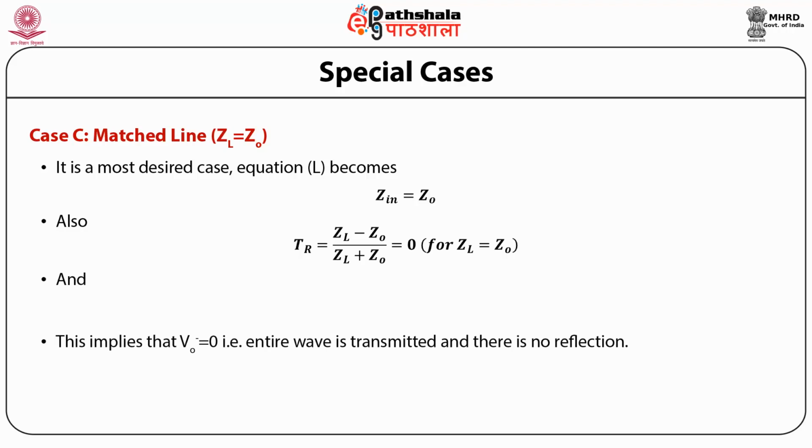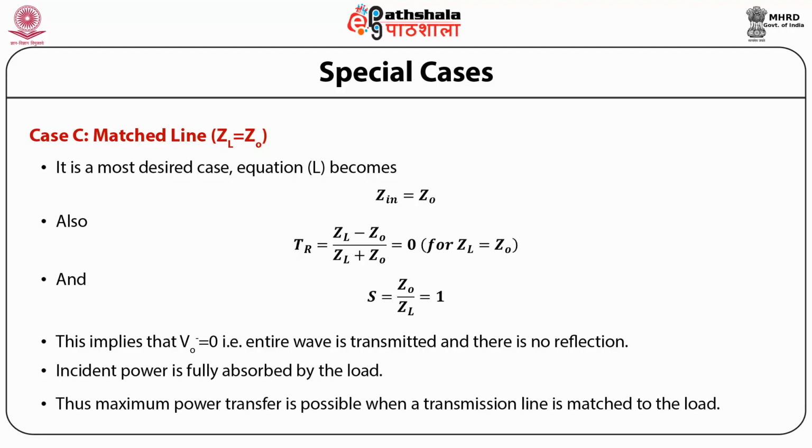This implies that V0 minus equal to 0, that is, the entire wave is transmitted and there is no reflection. So incident power is fully absorbed by the load. Thus maximum power transfer is possible when a transmission line is matched to the load.